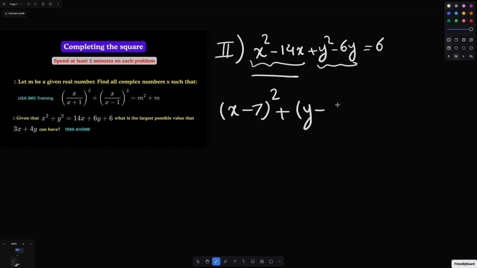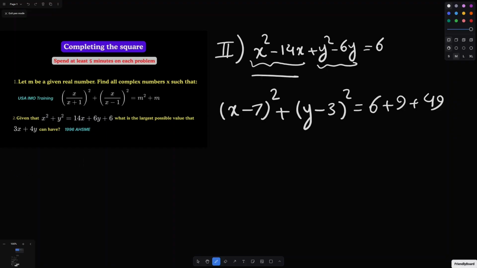So you can simply write this as equals, and now for this equality to hold, because you are adding 9 and 49 to the left hand side, you naturally have to add them to the right hand side so it stays equal. Practically nothing changed in this equality. You just added something to both sides.